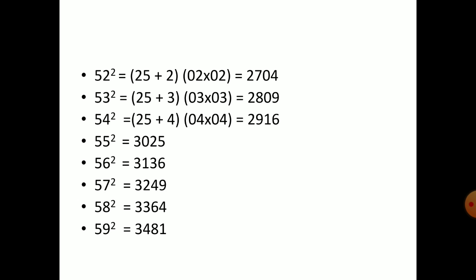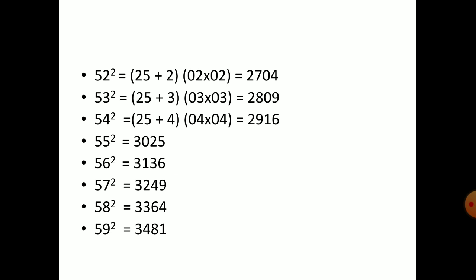Similarly, to find the value of 52 square, 5 5s are 25 plus 2 is 27 and 2 2s are 4, so 2704. To find the value of 53 square, 5 5s are 25 plus 3 is 28 and 3 3s are 9, written as 09, so 2809 we will write. 54 square is 5 5s are 25 plus 4 is 29 and 4 4s are 16, so 2916.